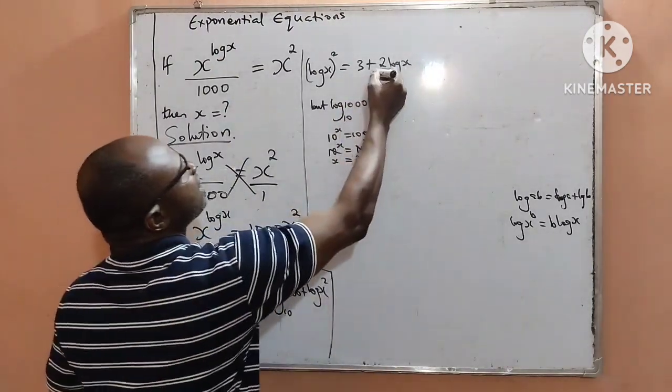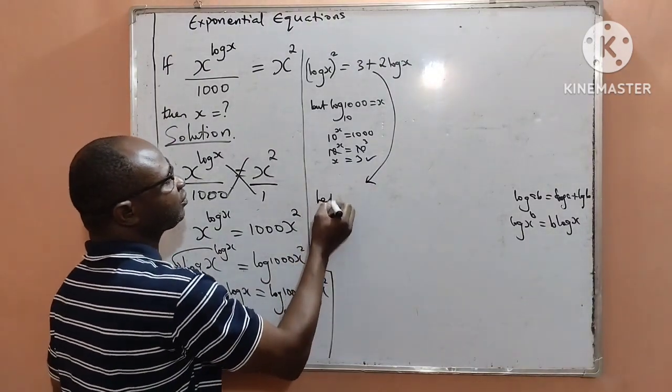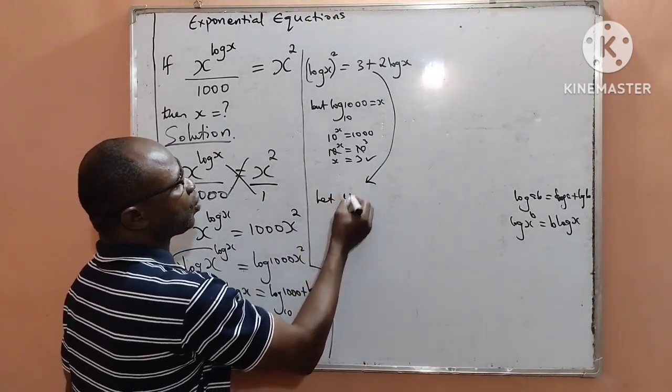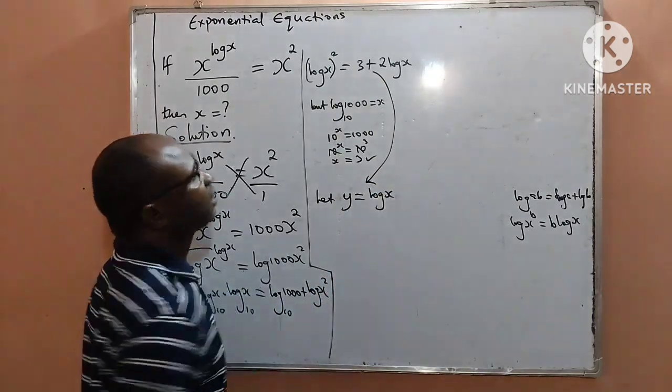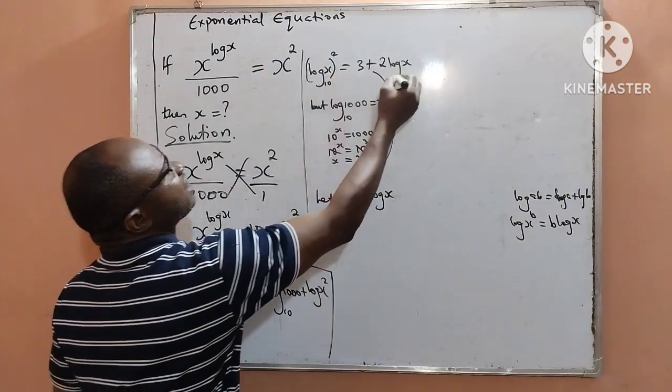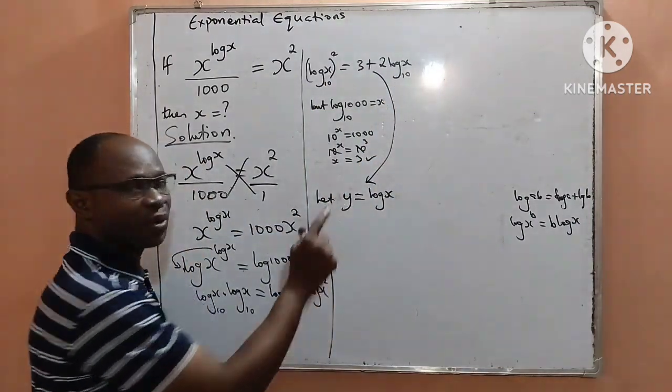Alright, from here, if we bring it down, let y equal log x. Okay, what does it mean? That anywhere I see log x base 10, it is going to be equal to letter y.